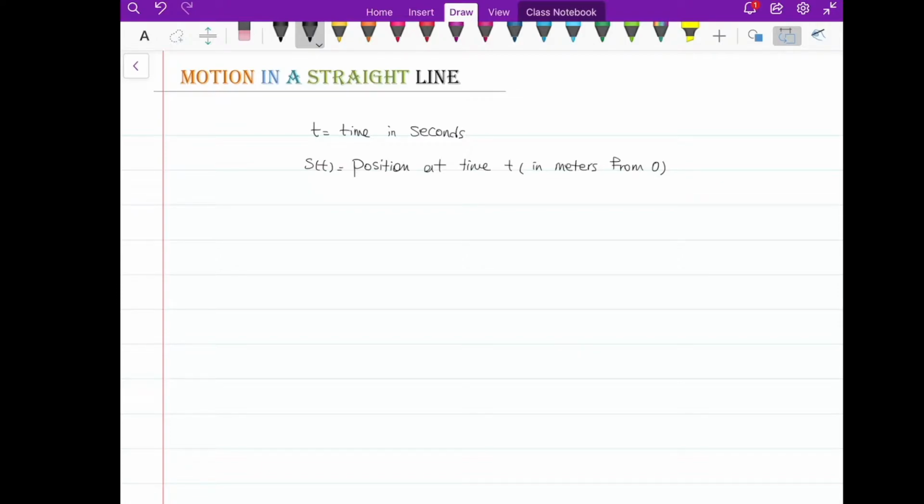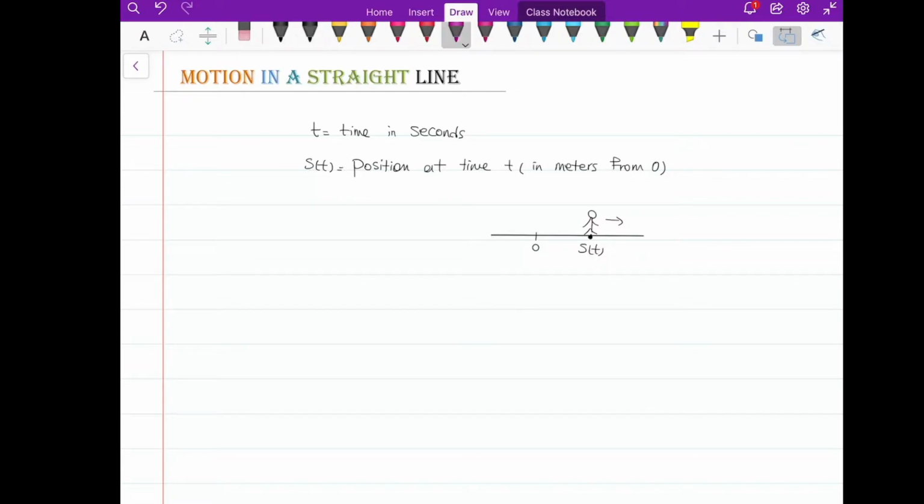Okay, so assume that we have a straight line. This is 0, and we are moving along this straight line, and at the time t, since we are here, that would be s of t at a time t.